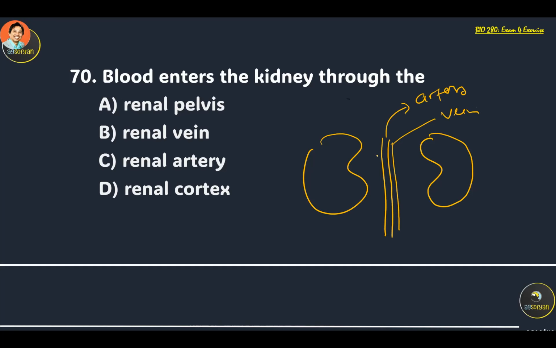Okay, so blood from the artery will enter into the kidney. And then from the kidney, it will go back to the vein. Okay, so enter is going to be the artery over here. Okay, the artery that go to the kidney is called the renal artery.